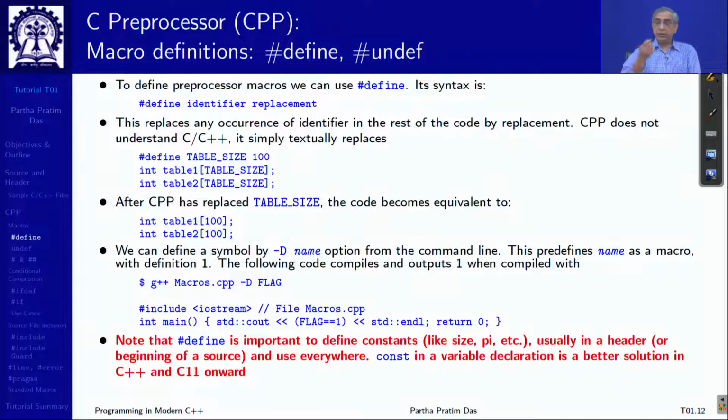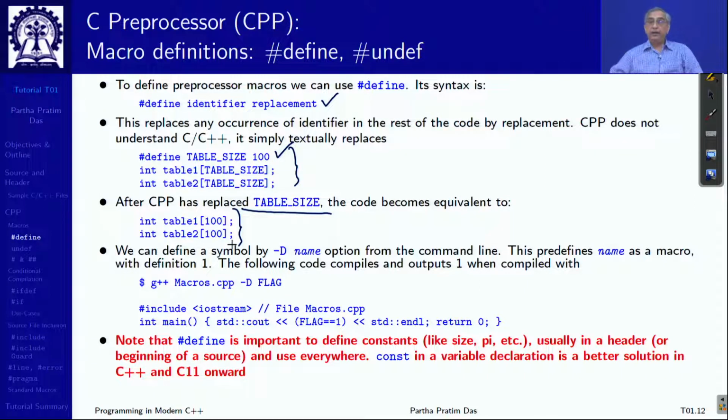So, quickly, this you already know. This is the hash define, with an identifier and a replacement, whether there is a form with parameters, or a form without parameters, you know all of that. So, when I write this, CPP will replace this and generate this, and that is what will be going to the actual compiler, right.